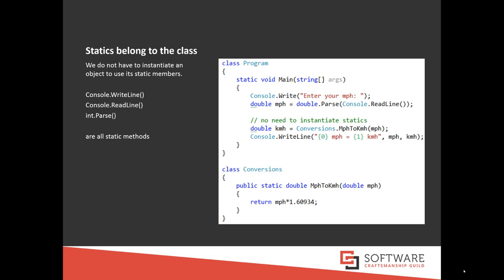You'll notice in the code in main that I can call Conversions.MilesPerHourToKilometersPerHour without ever using the new keyword. Statics are very handy for this kind of work, where you just want to use a method and you don't really need an instance of an object.